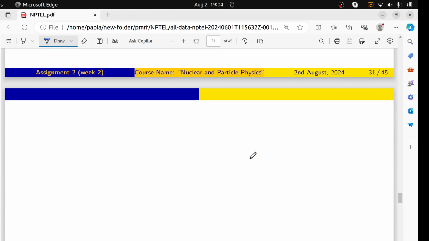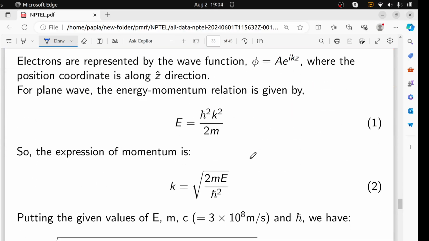Now I have already written the result, so maybe I don't want to explain it again because it's a very simple one. Electrons are represented by the wave function phi equals e to the power i k z, where the position coordinate is along the z direction. For the plane wave, the energy-momentum relation is given by E equals h bar square k square by 2m.